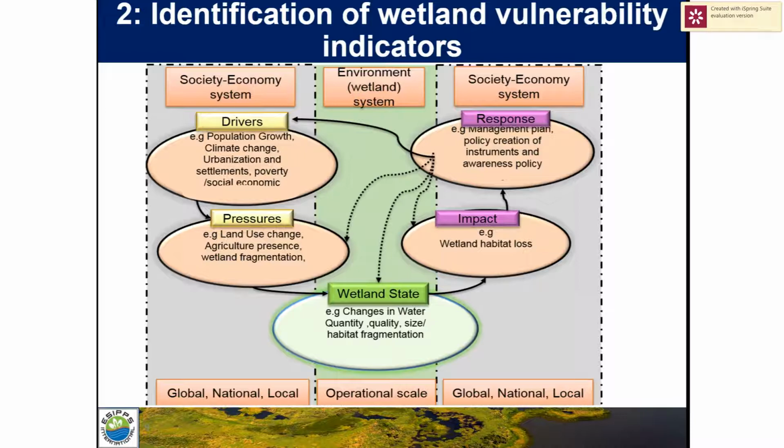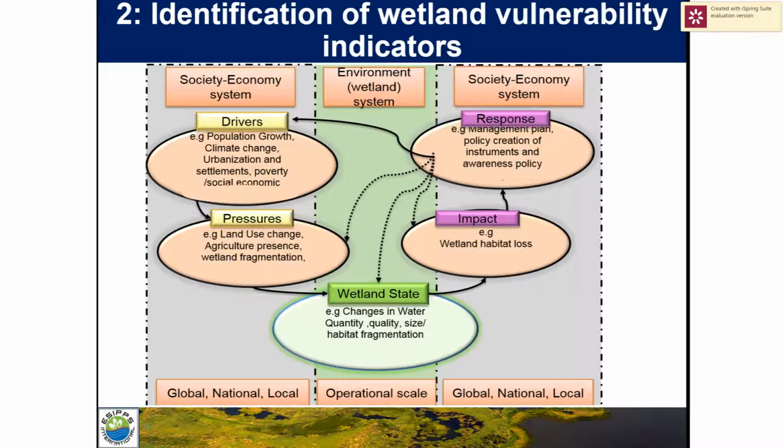And then you'll see that the different components of the DIPSA framework are captured at this level. The DIPSA framework is helping you categorize or identify these required datasets for assessing or analyzing the vulnerability of the wetland.